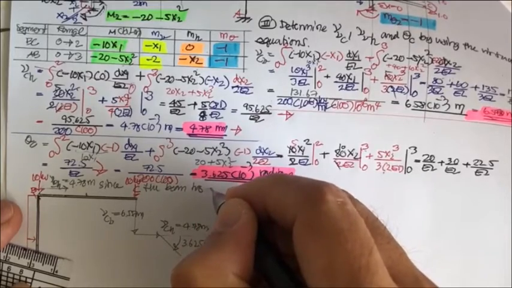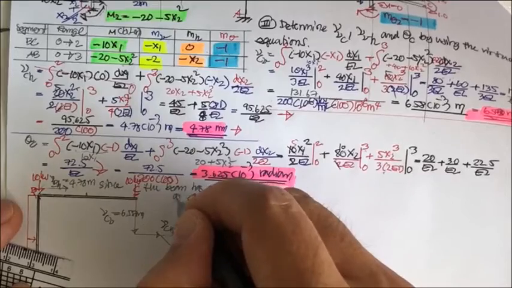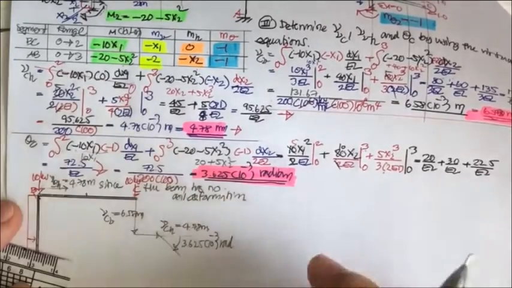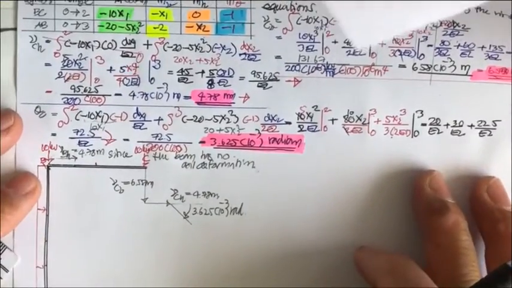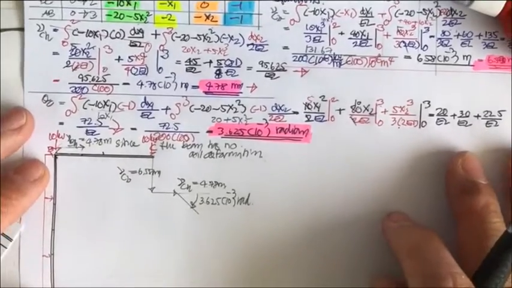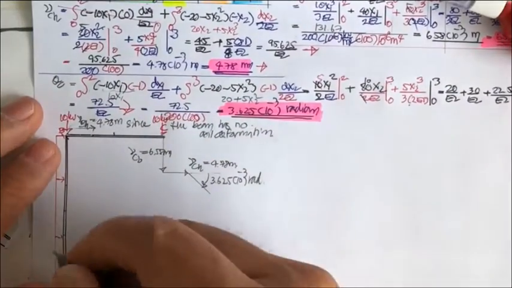has no axial deformation. Since it has the same, it's going to be equal to that. Okay, and then this is going to be the fixed end.